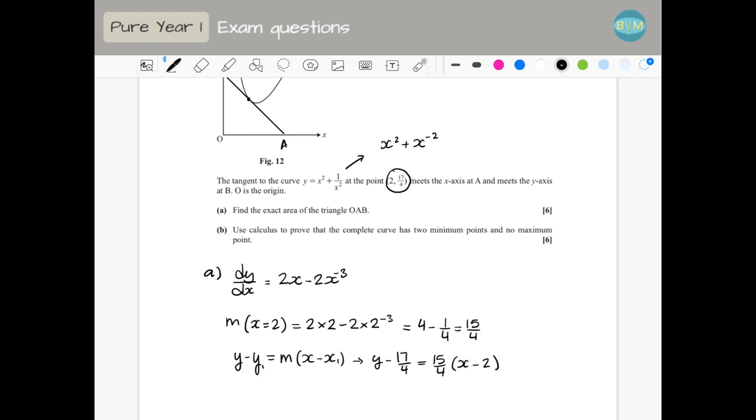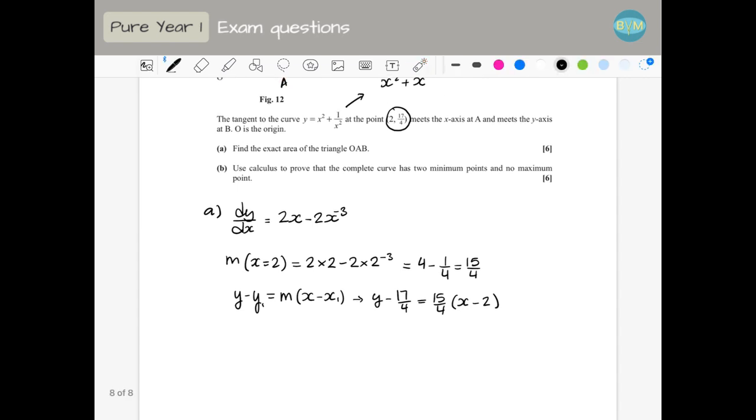So now we are going to find the intersection of this line with the x-axis and with the y-axis. With the x-axis, to find point A, I put y equals 0 in that line, which means minus 17 quarters is equal to 15 quarters times x minus 2.